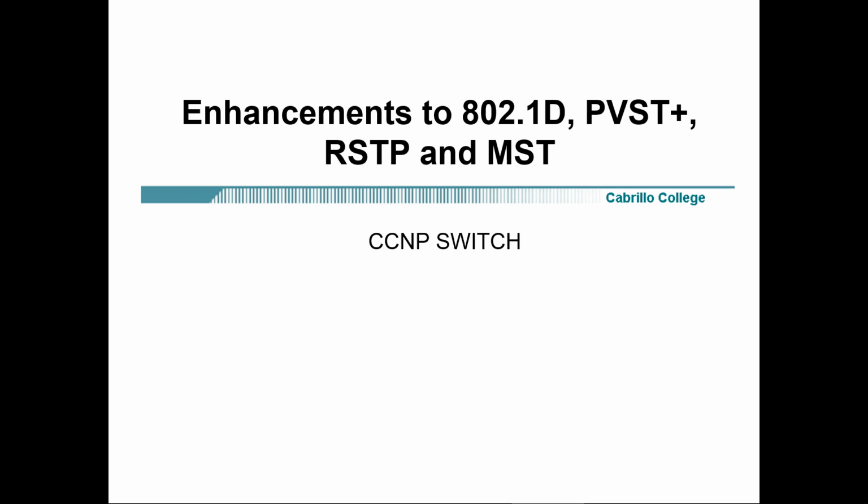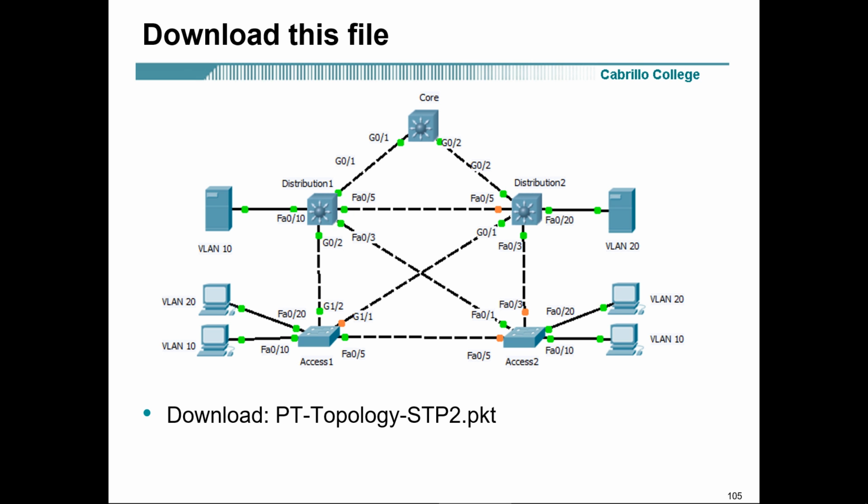Keep in mind, this is CCNP version 7 switch material. So, see the notes section for additional detailed information. And again, we are building off of our previous topology, except this time we're adding in some PCs.